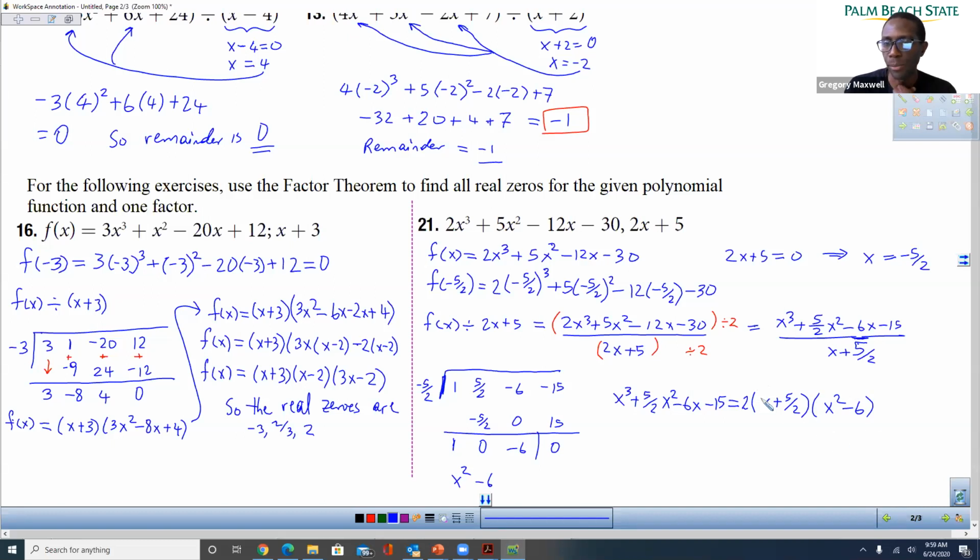Let's see if this works. If I distribute here, we end up with x cubed minus 6x plus 5 over 2 x squared minus 15. And then everything is multiplied by 2. That gives you 2x cubed plus 5x squared minus 12x minus 30. So it does work.